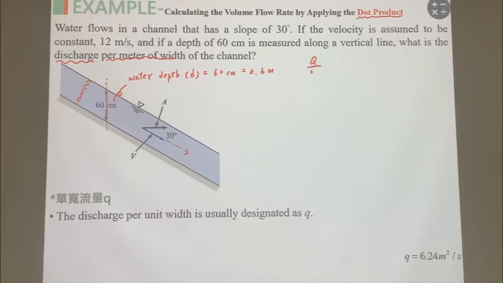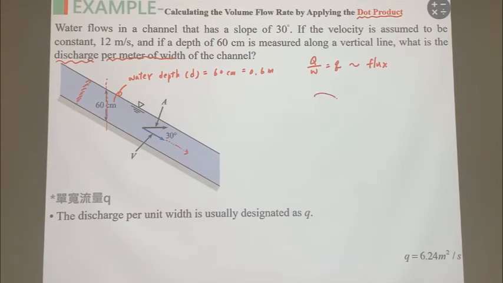That means the discharge divided by the width, and we usually call that the small q, and you can call that the flux. Okay, so the only difference comparing the small q with the capital Q is that we divide by the channel width.